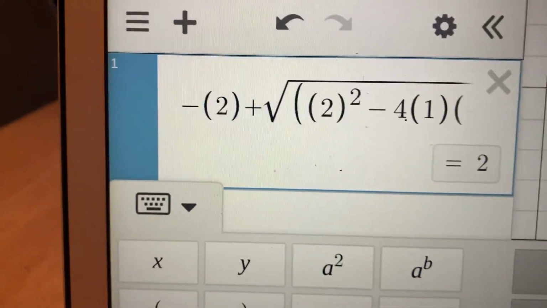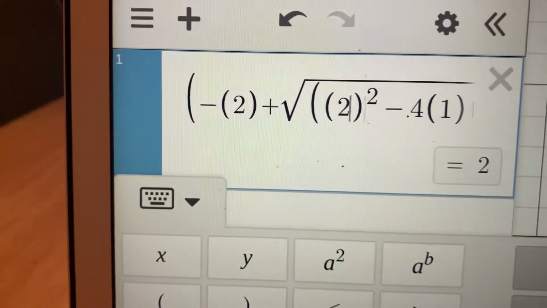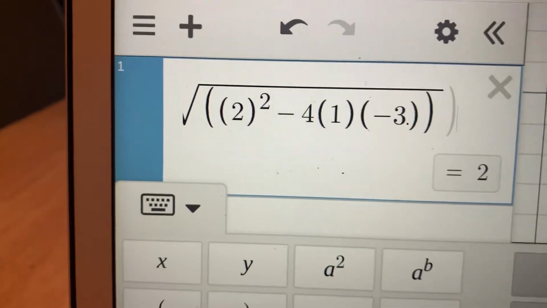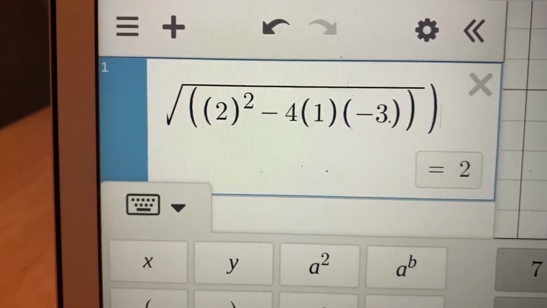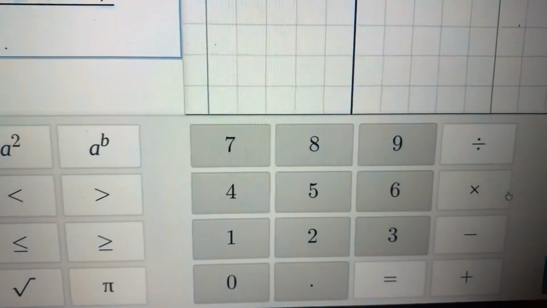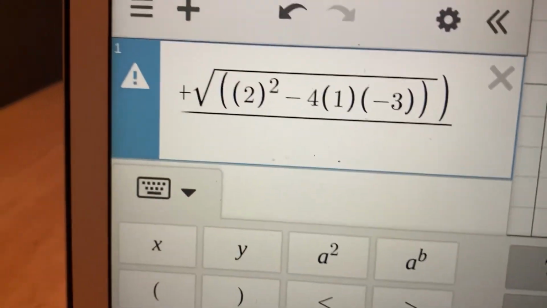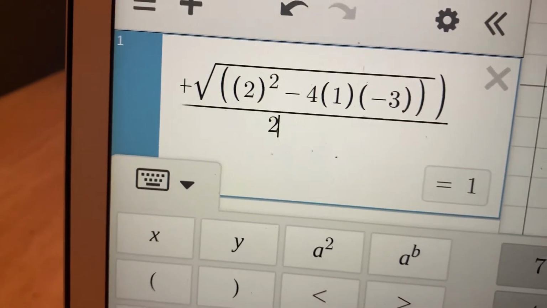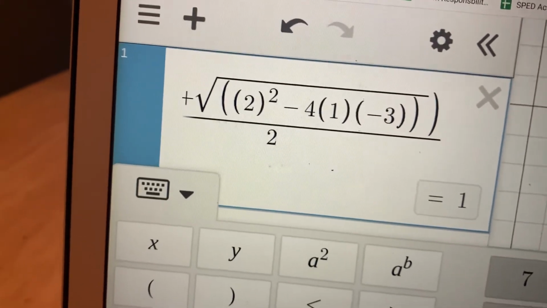So we're going to put a parentheses at the beginning and a closed parentheses at the very end. And then you're going to do divided by. So I just did the slash sign on my laptop right here, but you can also do just the divide sign on Desmos. And then it's 2 parentheses 1.